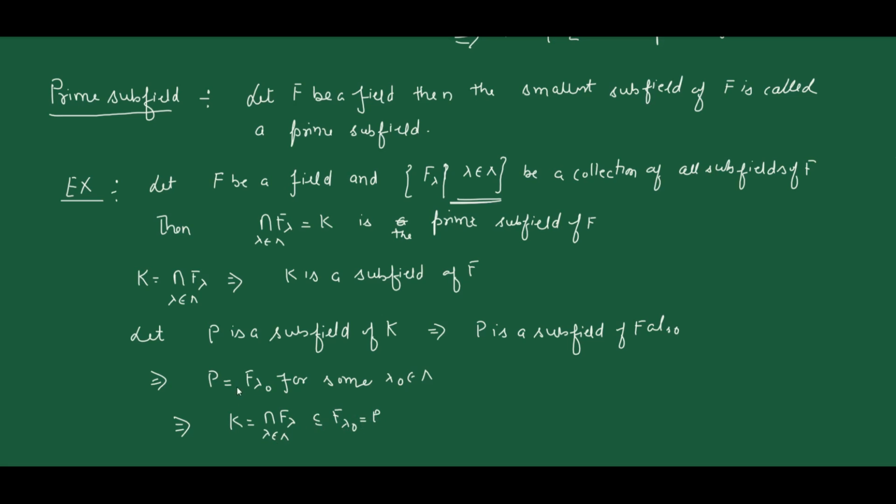So K is contained in P. And P is contained in K, K is contained in P, and that means K is equal to P. It means if you assume that P is a subfield of K, then P is equal to K, and therefore K is a prime field because it has no subfield other than itself.